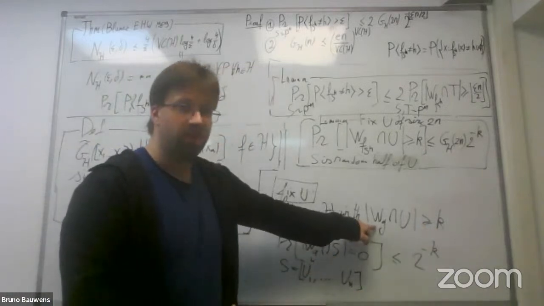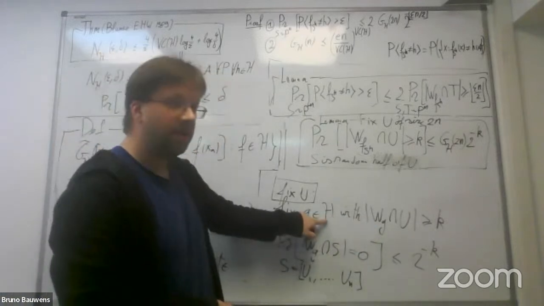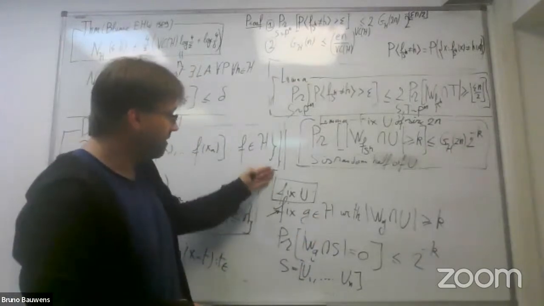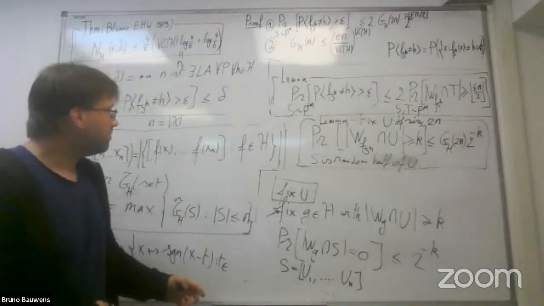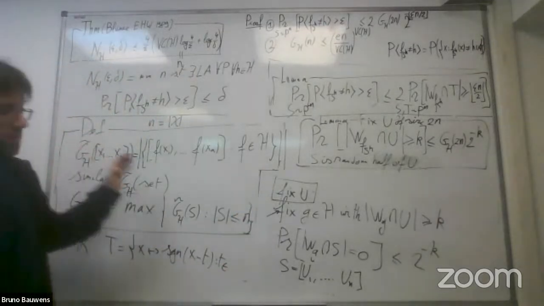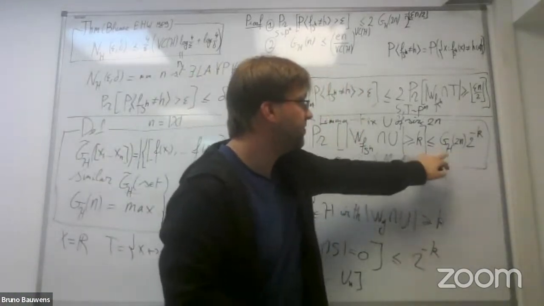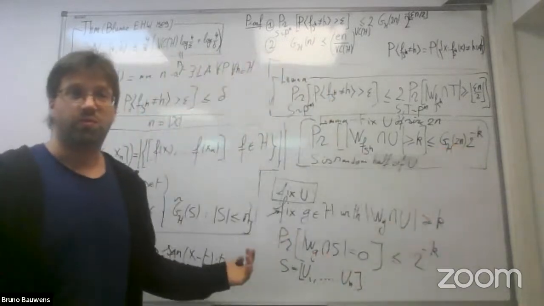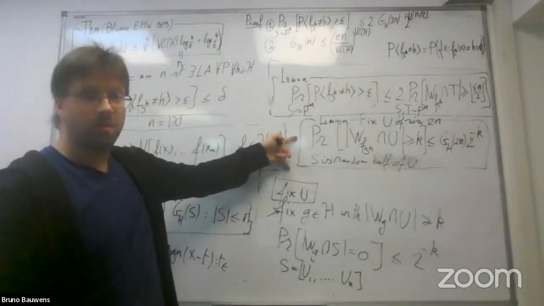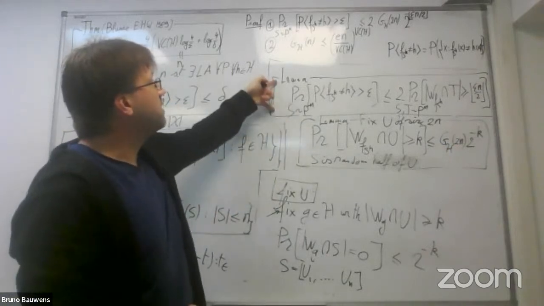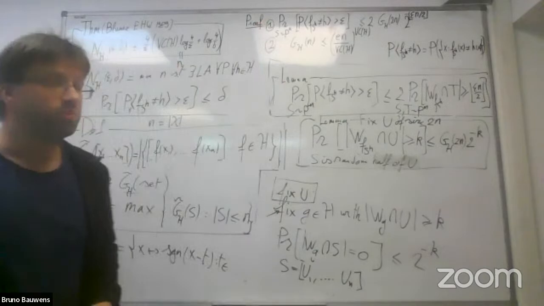So we apply the union bound, not over all functions in H, but over all functions that are non-equivalent in U. So we multiply this bound by the growth function, and that's why we get this value. 2n is the size of U. And so this lemma is proven. And that means the two lemmas together prove the theorem, and so the proof is finished.